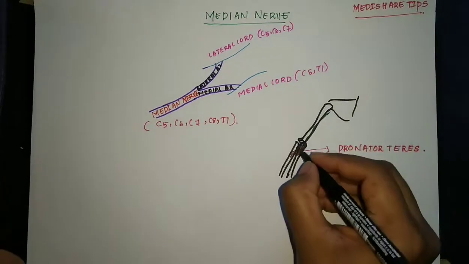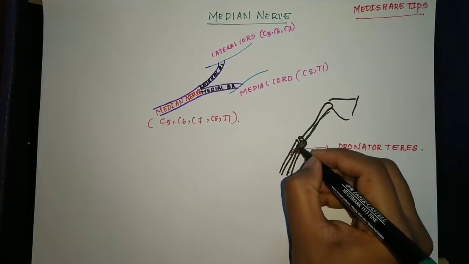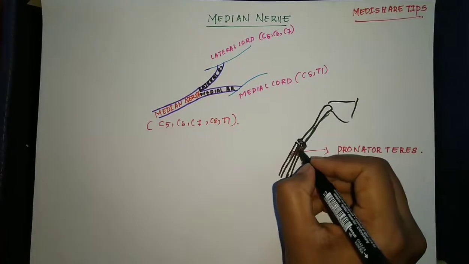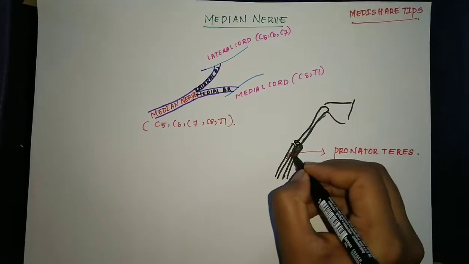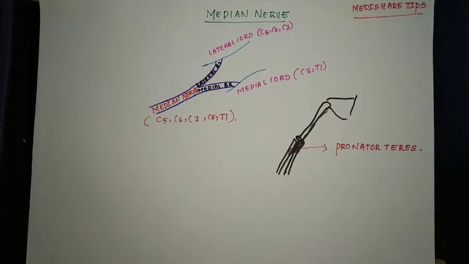And it comes into the forearm as the anterior interosseous nerve.